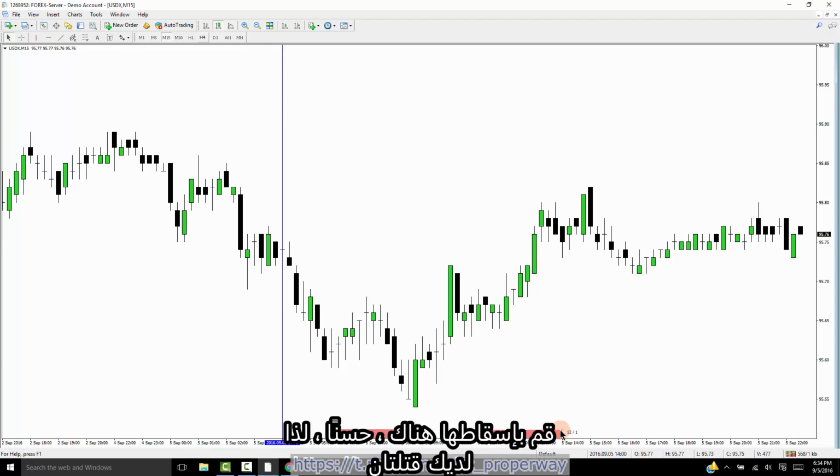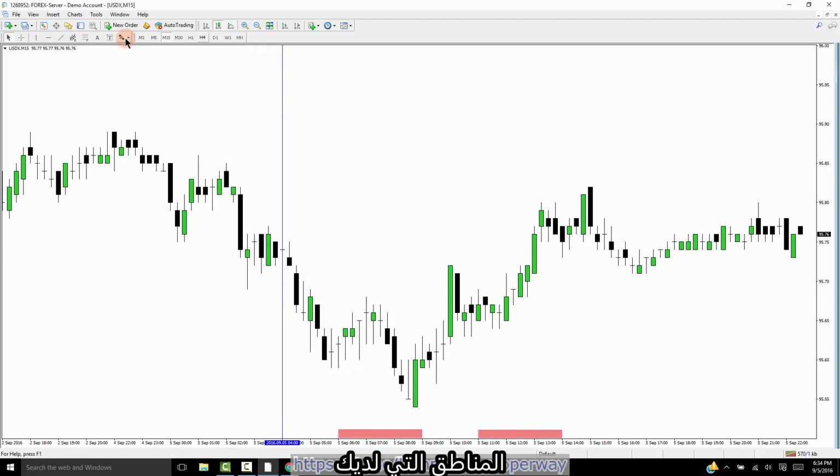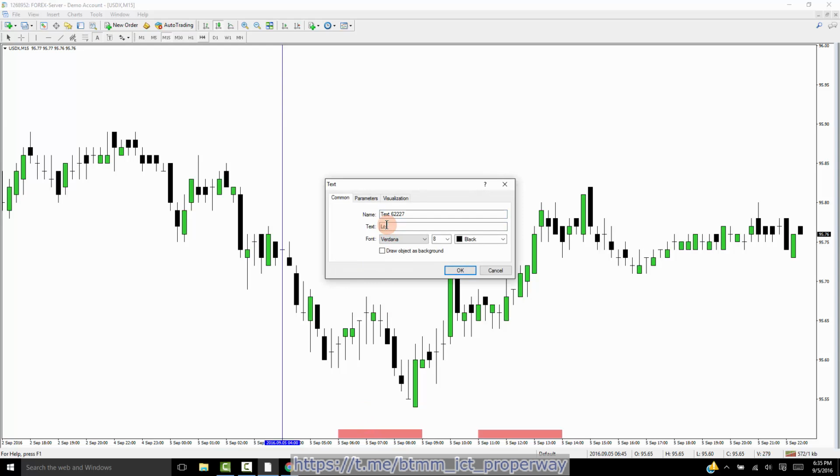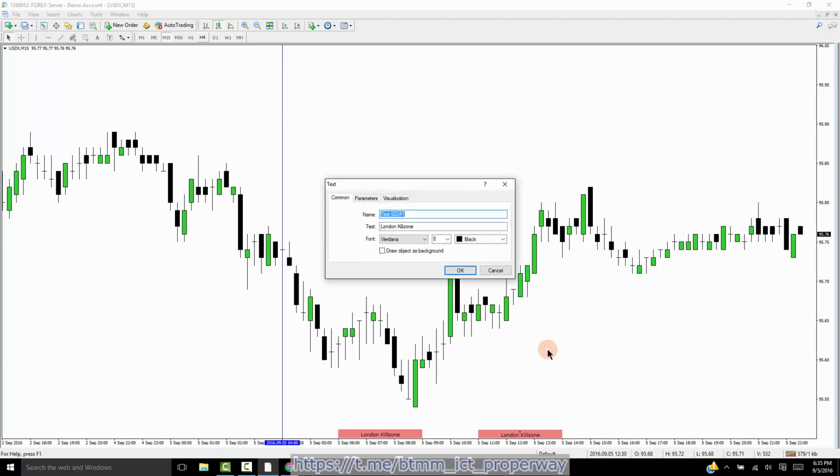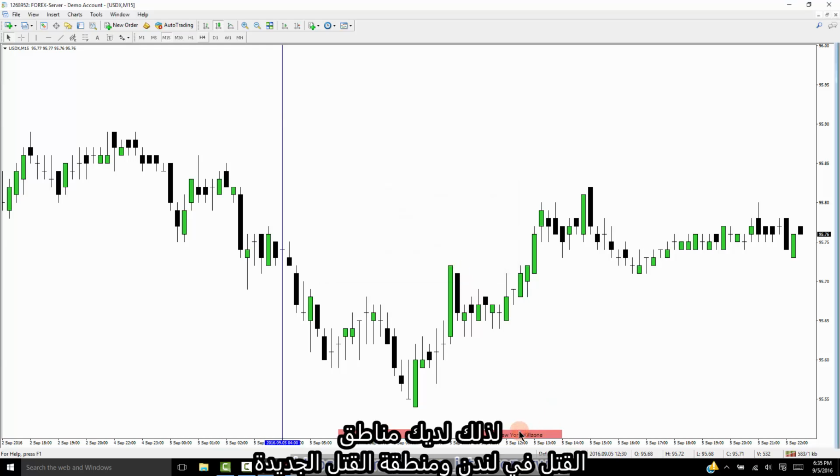I'm just going to drop it right there. So there you have your two kill zones, the London kill zone and the New York kill zone.